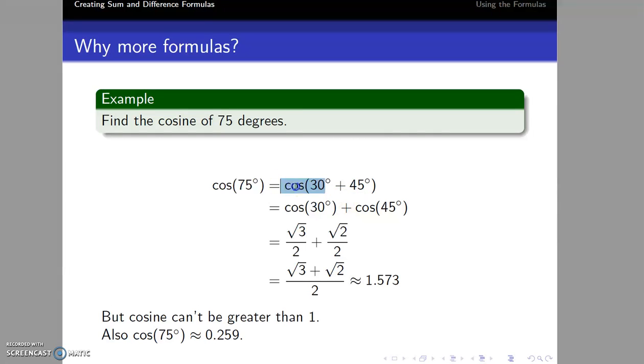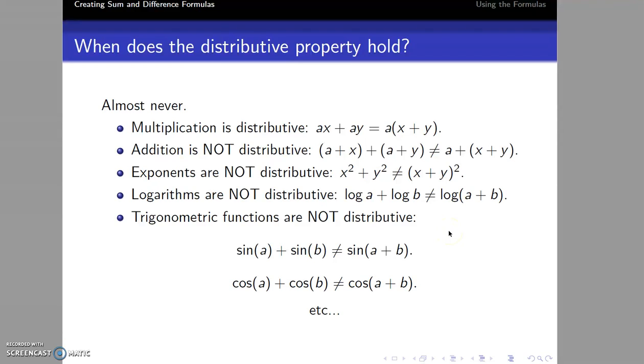I know we have it written cosine parentheses, but that's not cosine times 75 degrees. That's the cosine of 75 degrees. We evaluate cosine at that input. So cosine does not have the multiplicative property. It does not distribute. We have to do something else.